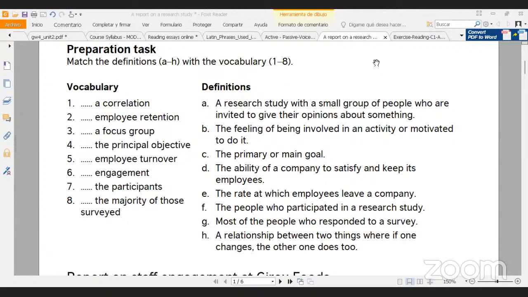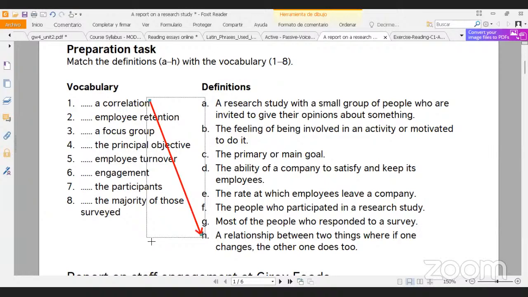So let's see, number 1, any volunteers? I can do it, teacher. Okay, a correlation. A correlation is a relationship between two things where if one changes, the other one does too. Okay, so you say it is what letter? H. Okay, I'm going to do this really fast. Okay, employee retention.